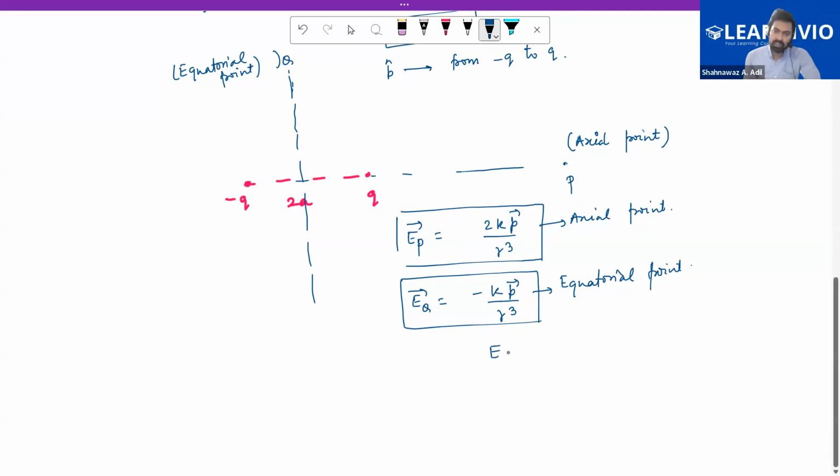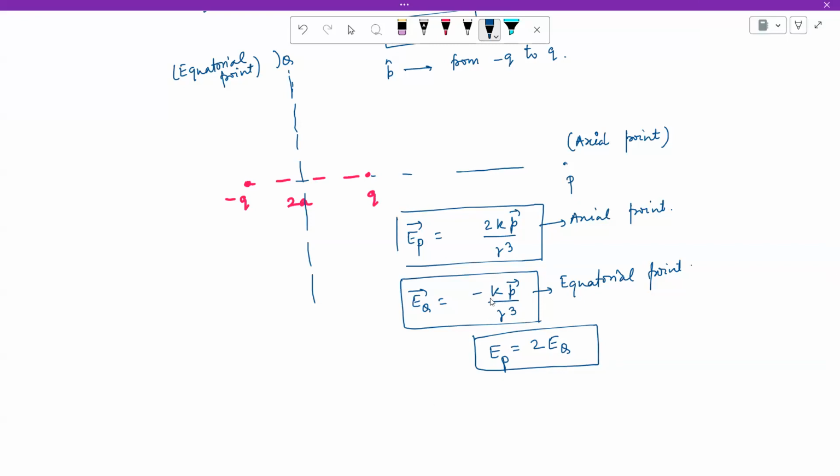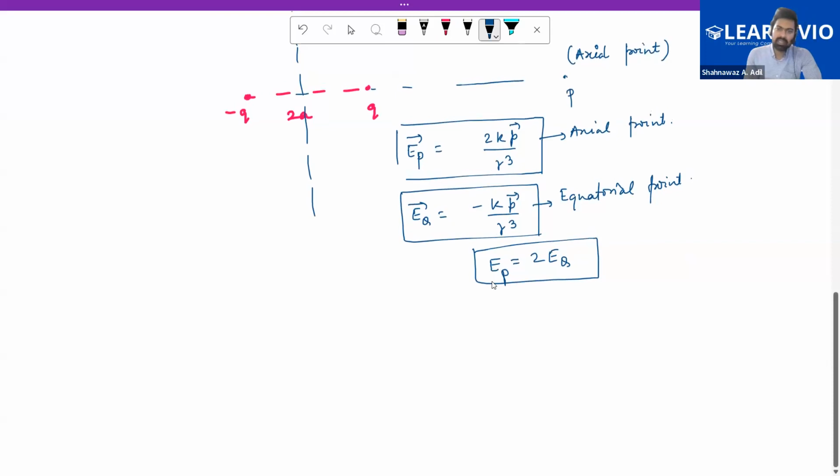And what is the behavior that we are seeing? We see that the axial point has twice the magnitude. So EP is 2 EQ, right? If I multiply 2 in here, this would be EP. And the direction is where?